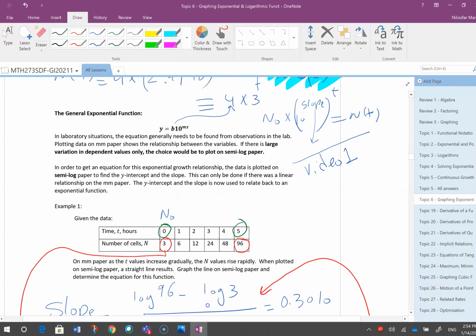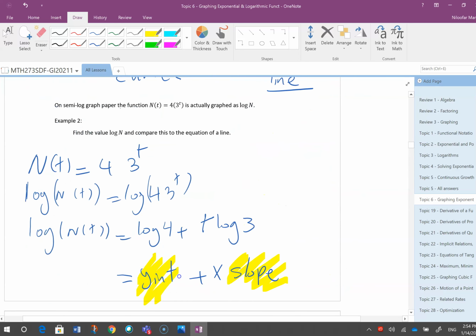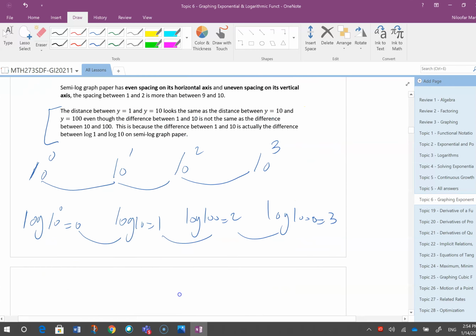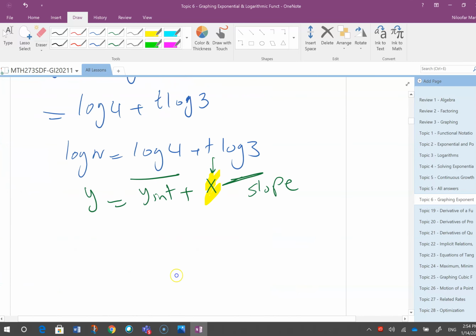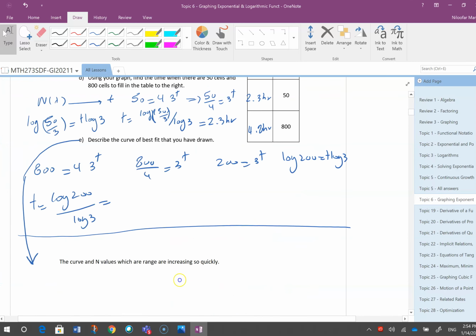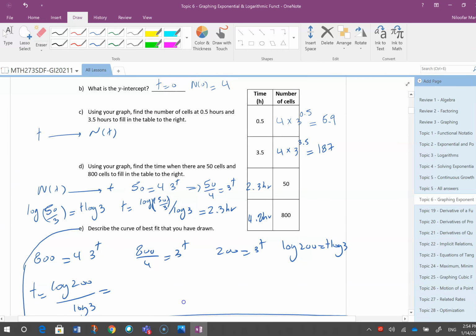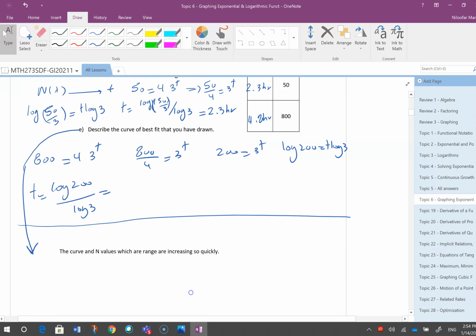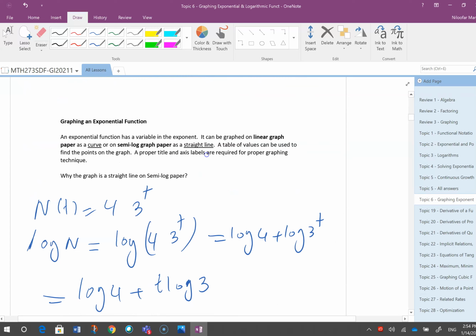If you remember, in the earlier example I asked, what is the value for t equal, for example, 3.5? What was the result? 3.5, 187.